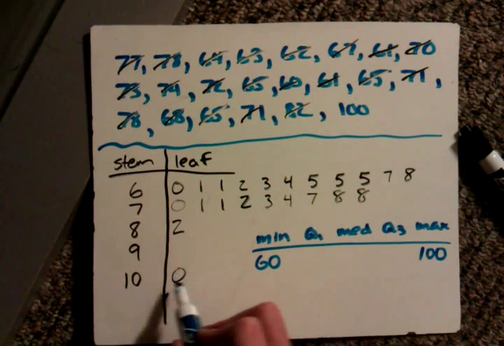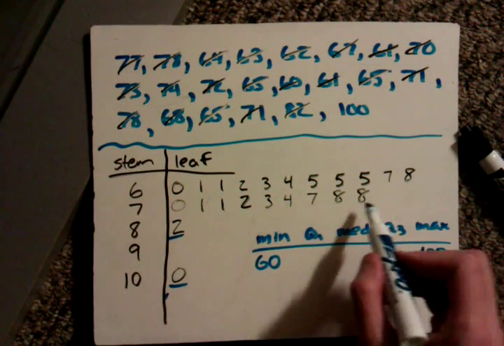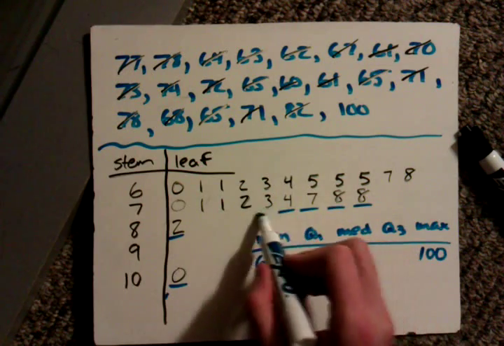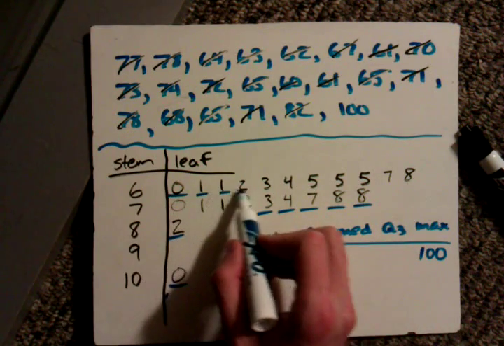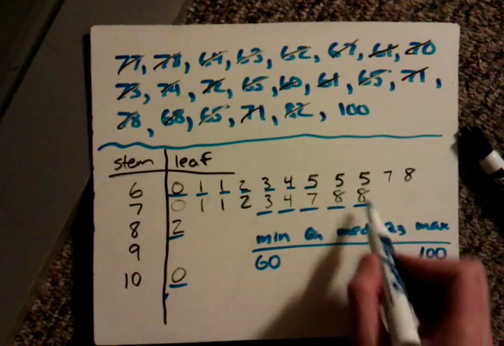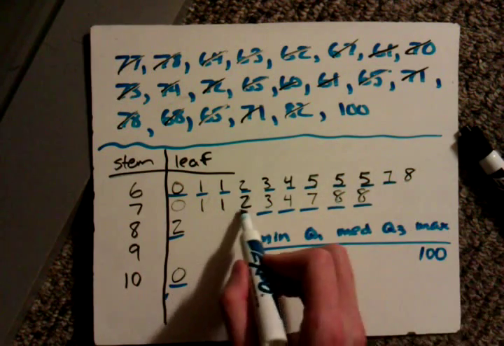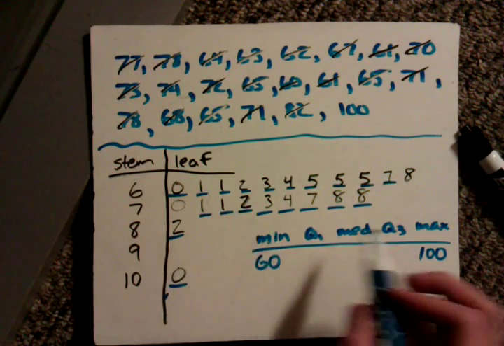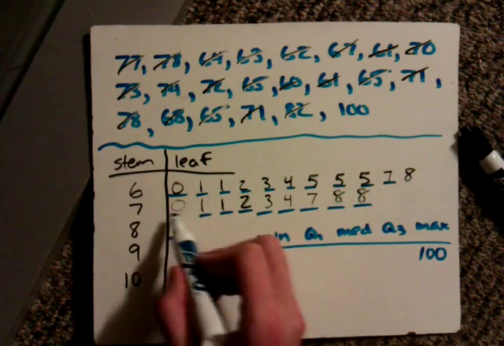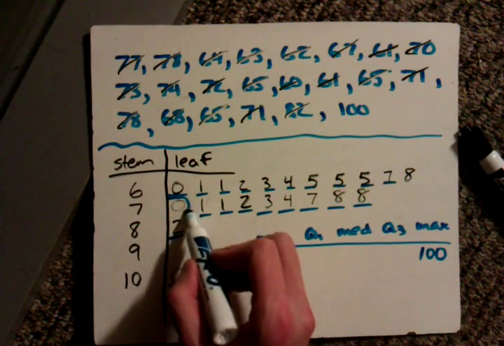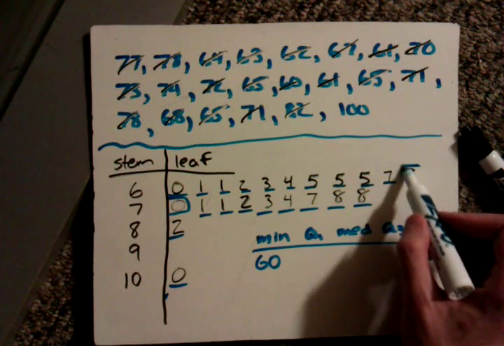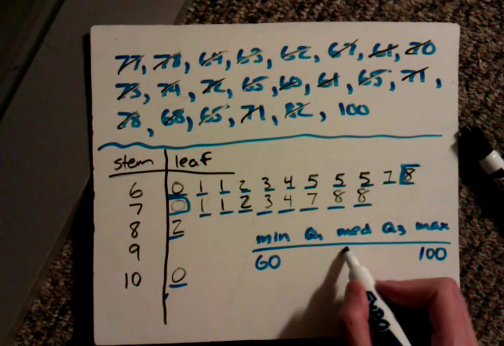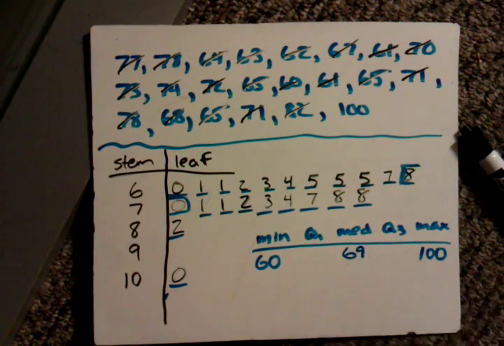You just start counting from both sides. 1 2 3 4 5 6 7. 1 2 3 4 5 6 7. 1 2 3. 1 2 3. So it looks like our median is going to be halfway between 70 and 68, which, if you average those two numbers, you should get 69.